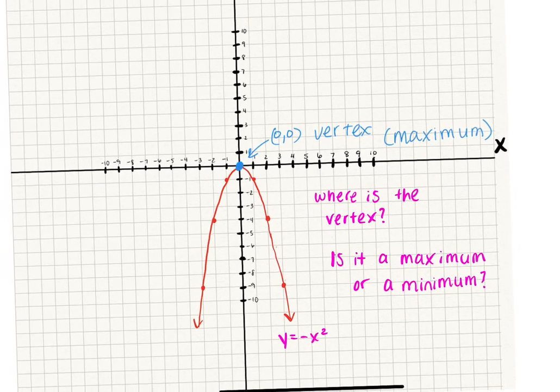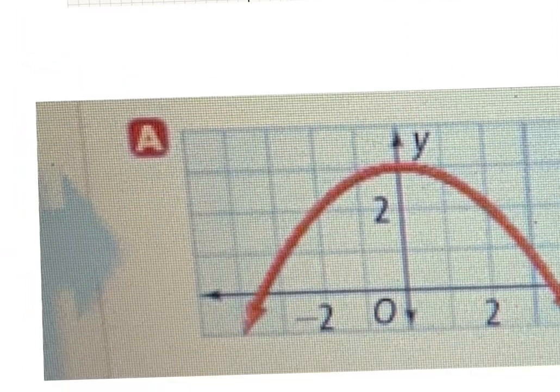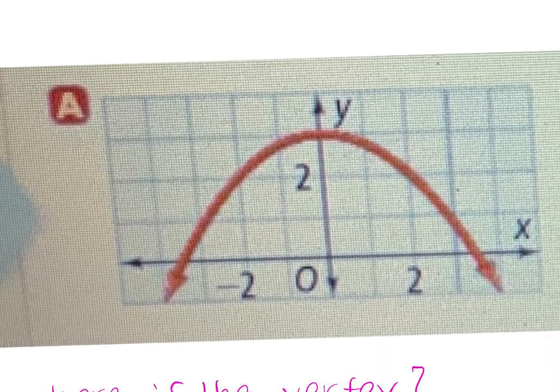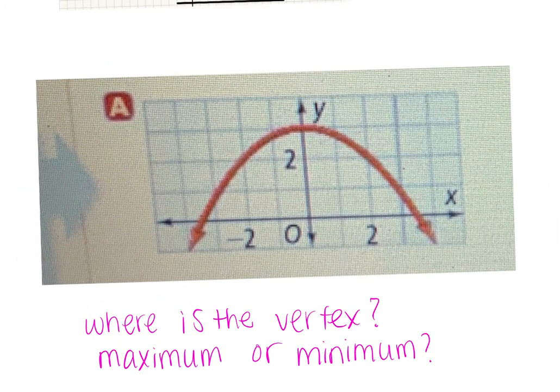You're not going to copy any of this down, but let's do just a few problems together, okay? Take a look at this graph down here. We need to find out where the vertex is, and we need to determine if it's a maximum or a minimum. Remember, don't copy this down. Do we have a vertex?